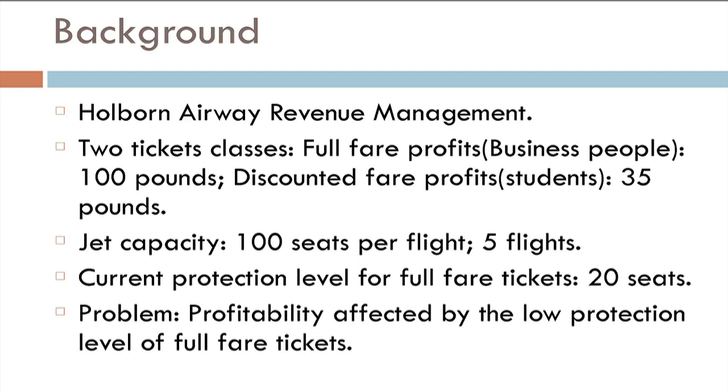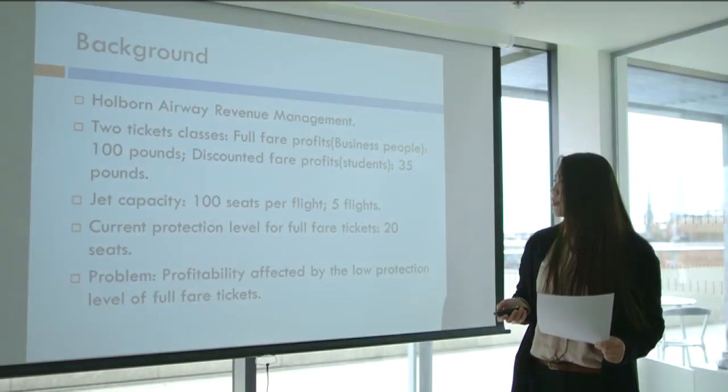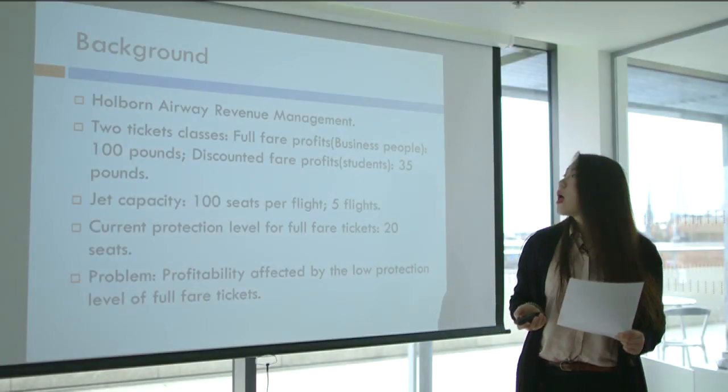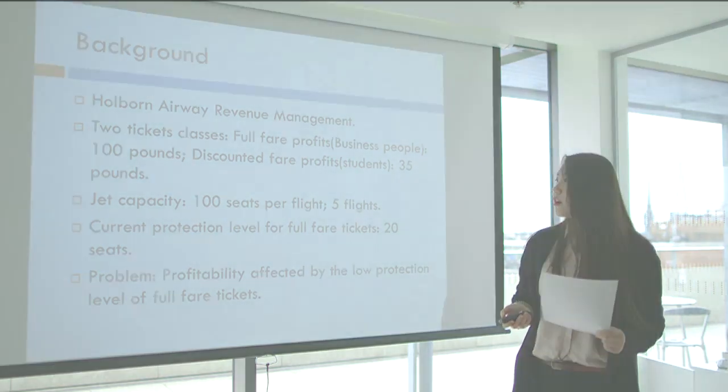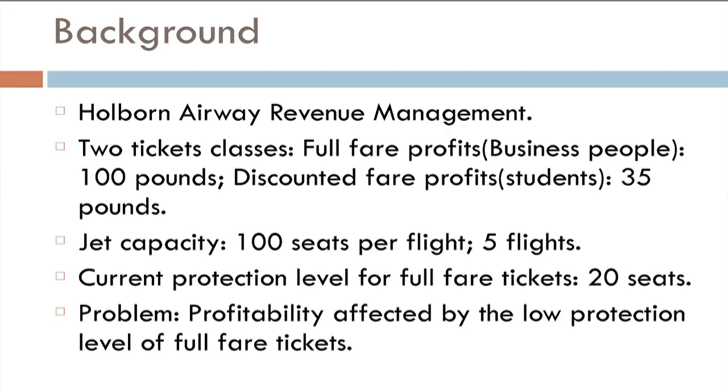The full fare tickets are mainly targeted at business people, and this type of ticket has a profit of £100. We also have the discounted fare tickets, for which students are the main target, and the profit is £35. They have 5 flights and 100 seats available for each flight.